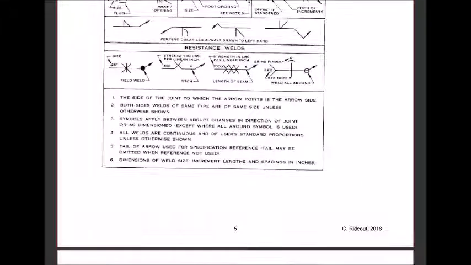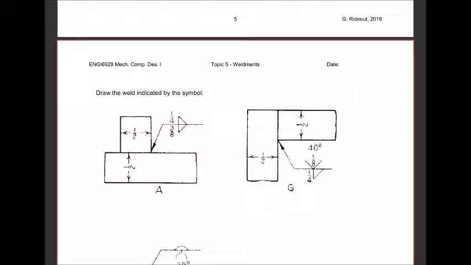So I've included a number of symbols here. I'm just going to do a few examples here on page 6. So let's draw the weld that's indicated by the symbol. So we have an arrow here that's pointing to one of two sides of the 1/2 inch plate. Now, this side under the line is called the arrow side. So on the arrow side we need 3/8, and this symbol here indicates a fillet weld.